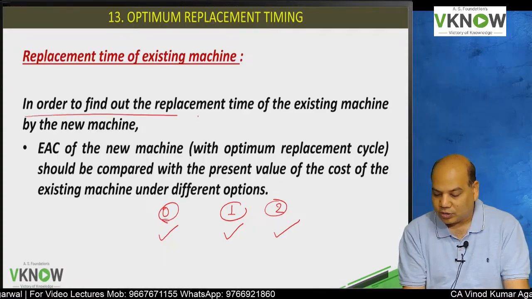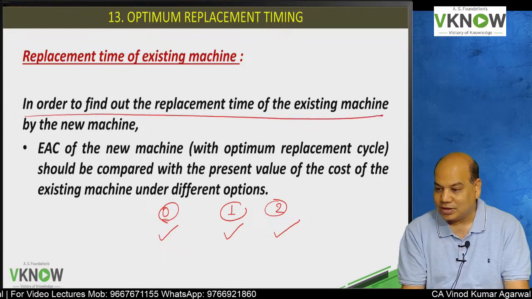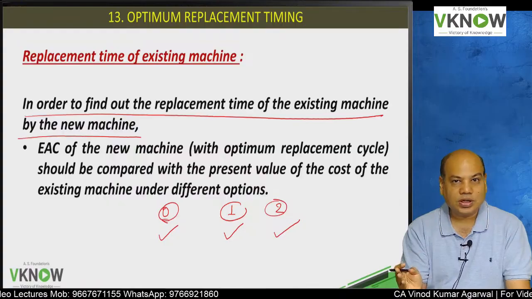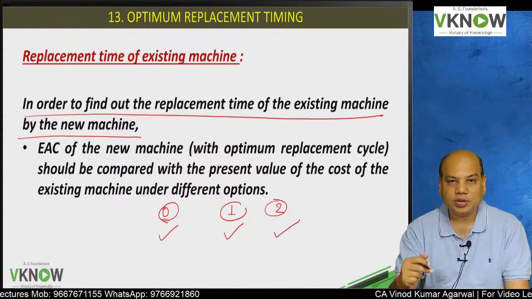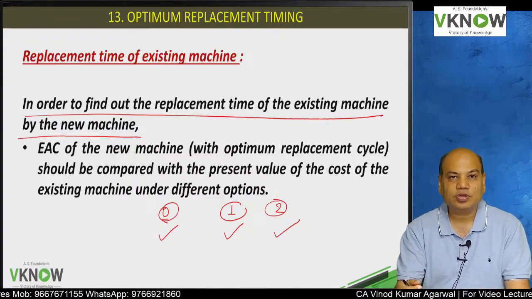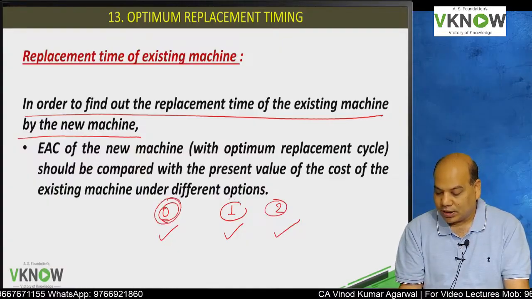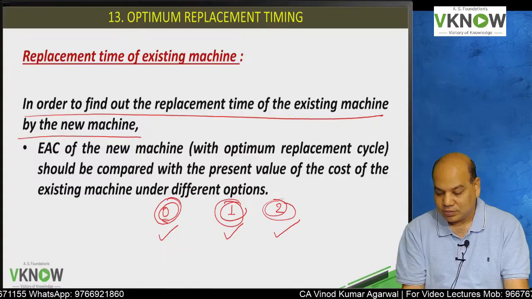In order to find out the replacement time of the existing machine by a new machine, the two questions are different. One is finding the optimum replacement cycle of a new machine, and the second question is when should an existing asset be replaced.